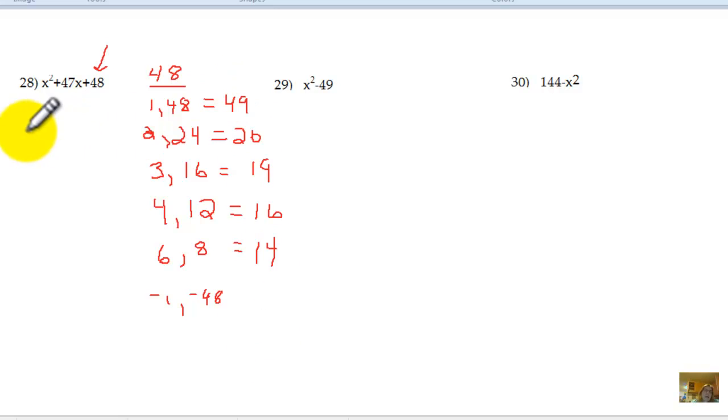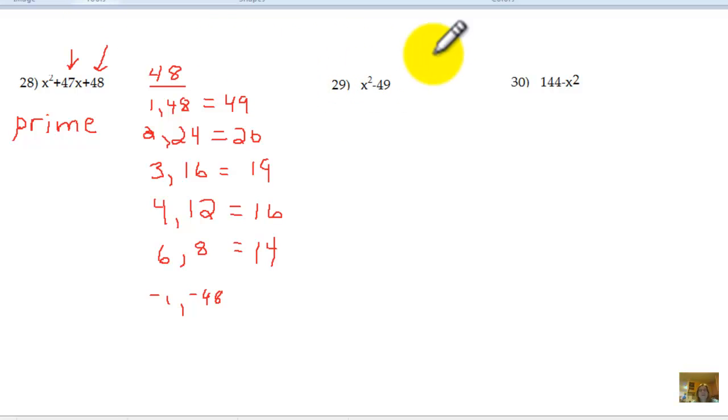So what we have here is no two factors add to give us the middle term. So this is prime. There are no factors for this quadratic. It's prime.